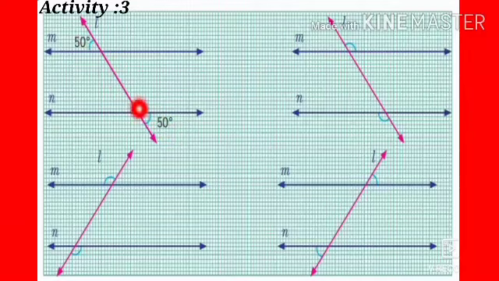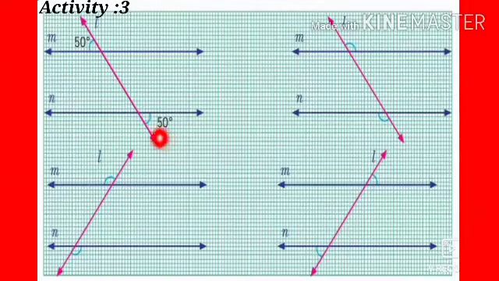Alternate exterior angles are angles that lie in the exterior of the figure on the opposite, alternate, sides of the transversal, isn't it? 50 degree and 50 degree lie outside the figure, that is in the exterior region, and are also on opposite sides of the transversal. Such angles are called alternate exterior angles.